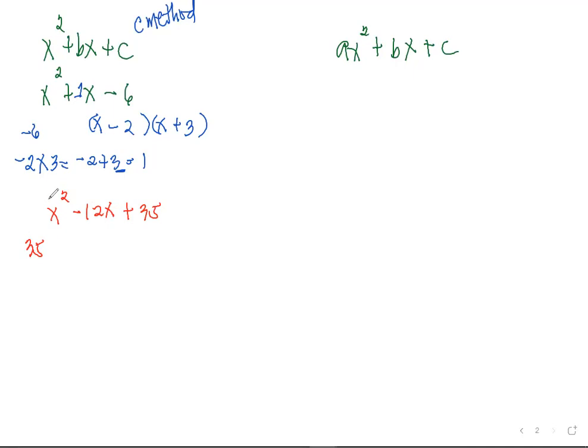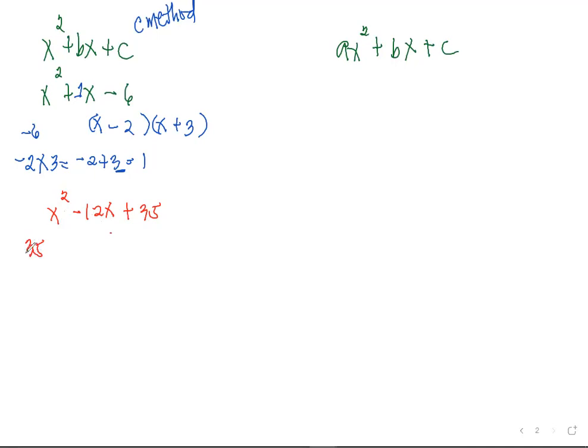Dahil positive 35 ito and then negative 12 ito, ibig sabihin yung factor po ni 35 ay dapat parehong negative, kasi nga po negative yung middle term natin.